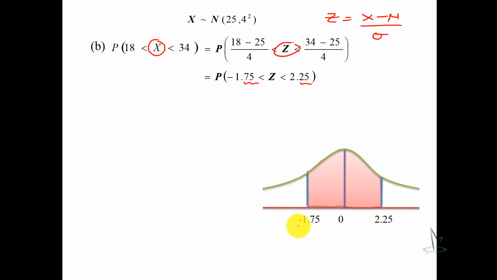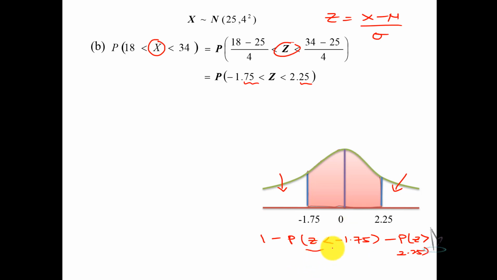So how are we going to calculate this? Basically I will take the total probability, which is equal to 1, and then deduct the left hand side as well as the right hand side. So 1 minus probability for Z less than negative 1.75 minus probability of Z greater than 2.25.